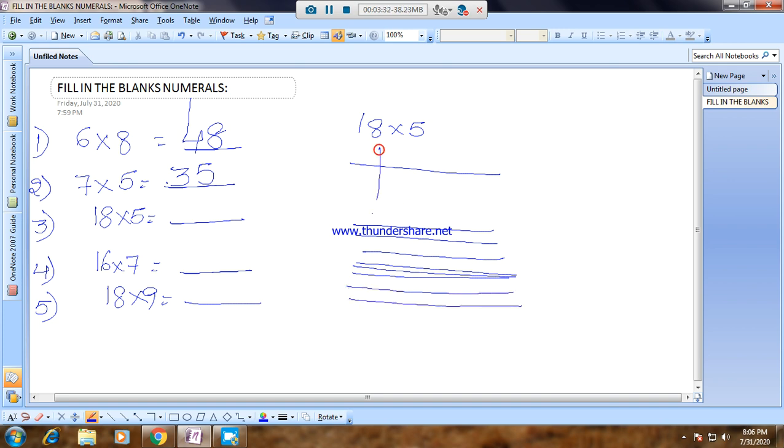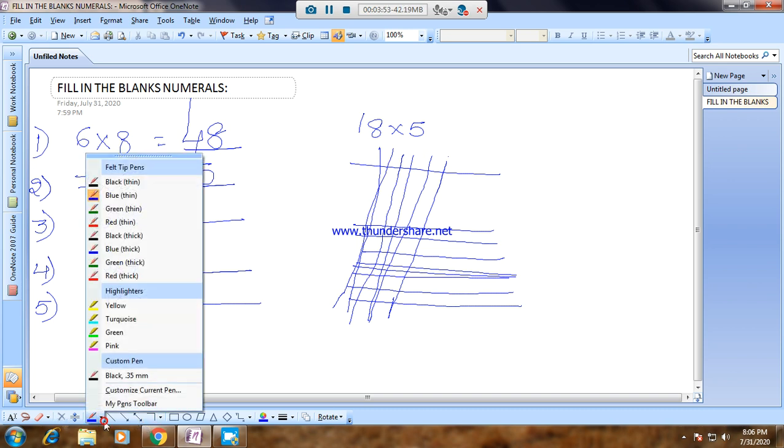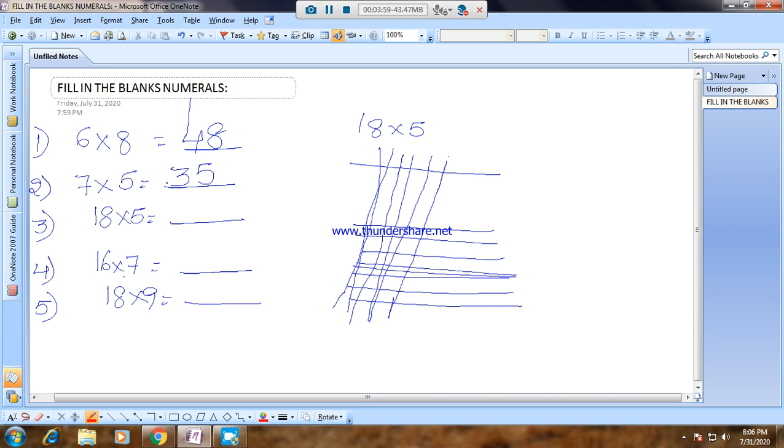Now I'll draw 5 lines, 1, 2, 3, 4, 5. This one we are not going to count. Now we'll just change the pen color and circle that. We'll go for red, then we can see it easily.